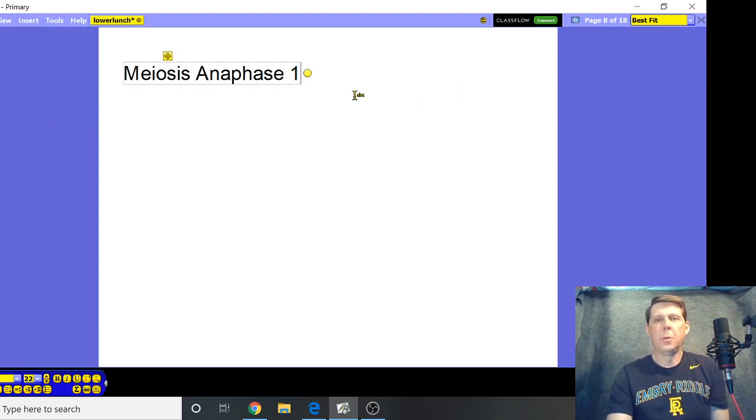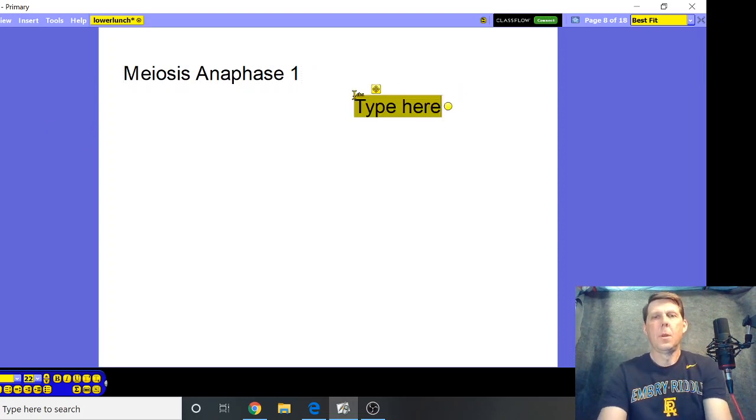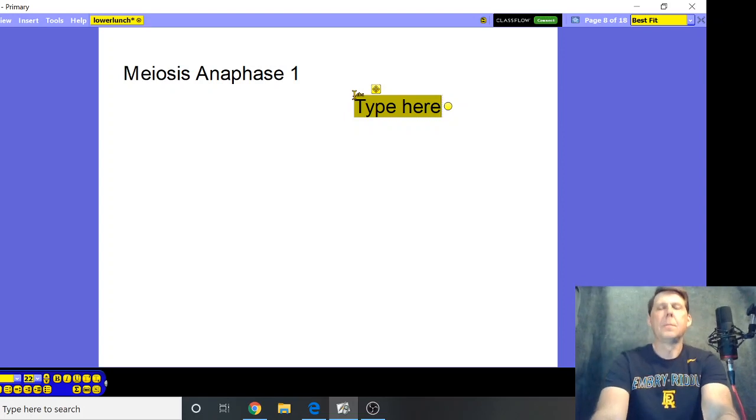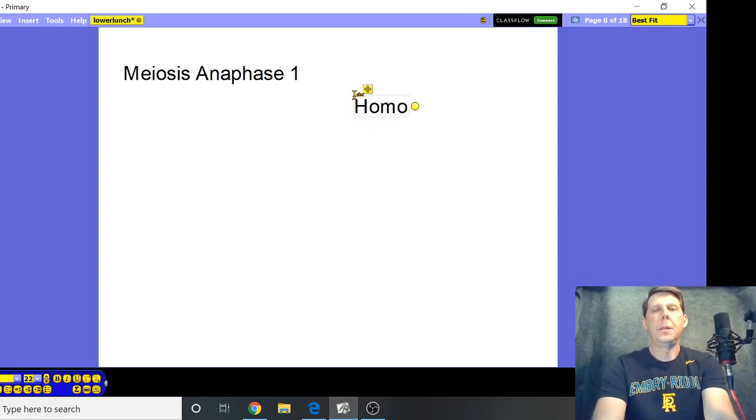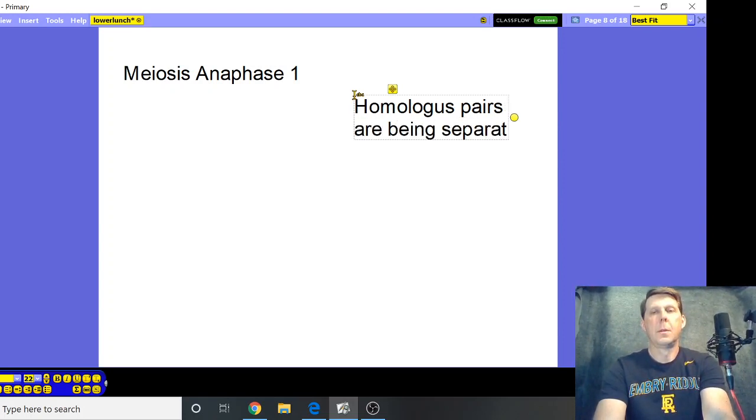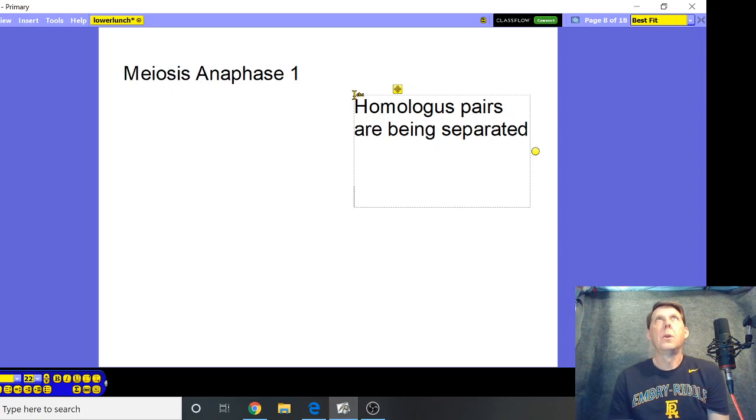Metaphase, anaphase 1. All right, let's do our words first. What's going to be happening here? Homologous pairs are being separated. Okay, and how many are going each way? So we have 92 chromatids altogether, and they're separating evenly.